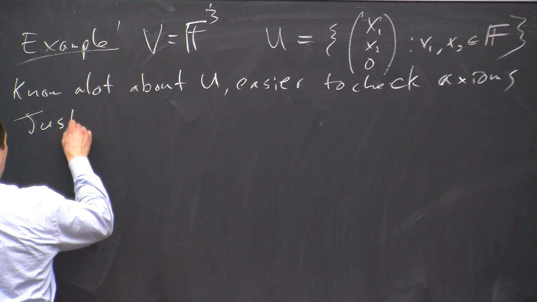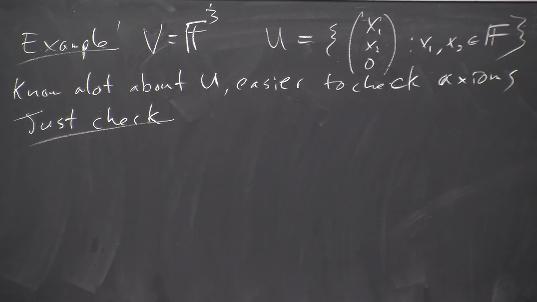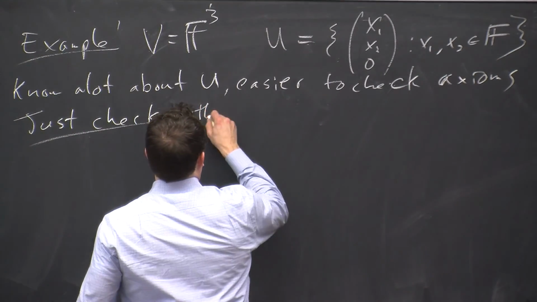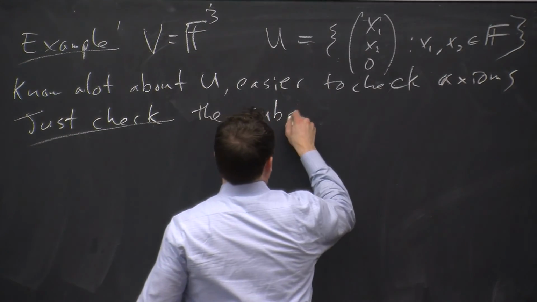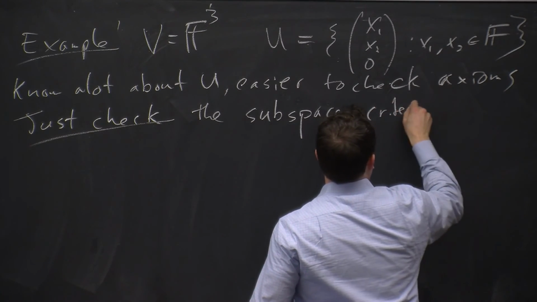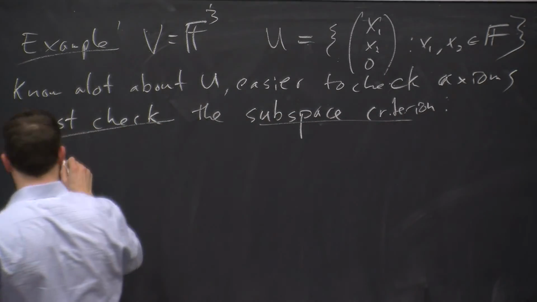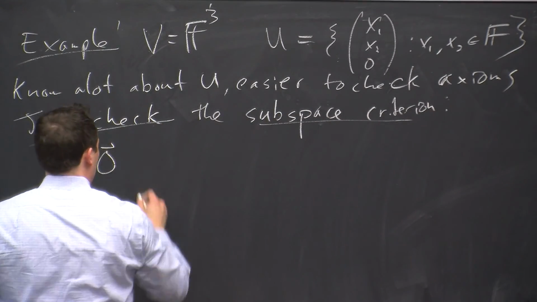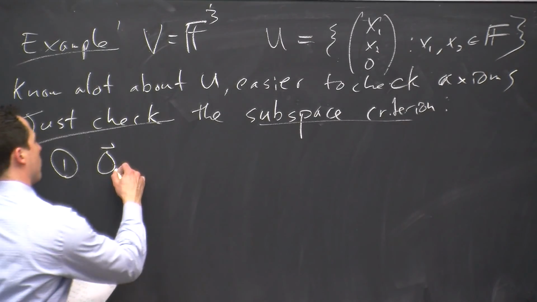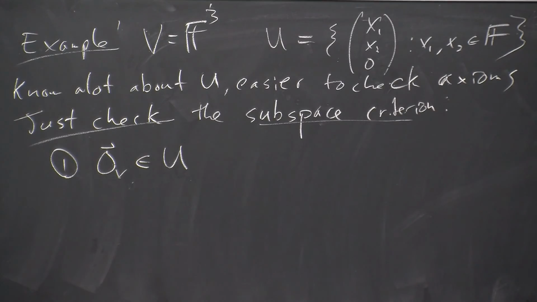So we're just going to check the following. And this is really a theorem, which I think is the way it's presented in the book. But we're going to call this the subspace criterion. That is, there's only three things I need to check. One, the zero vector of V, the bigger vector space, is in this subset.